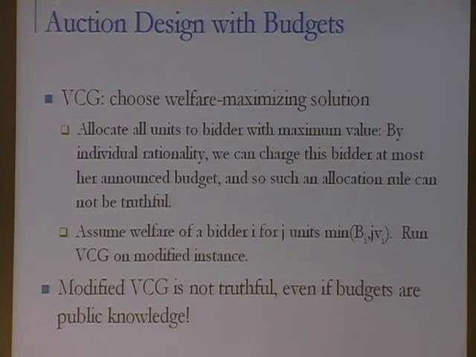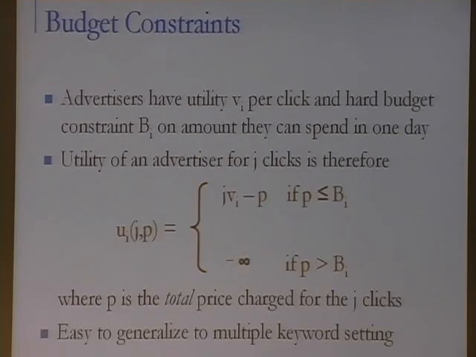This is not very surprising because VCG is truthful precisely when the utility functions are quasi-linear, which means that they're linear in this price parameter. And you'll notice that this utility function is not linear in this price parameter because when the price just exceeds b, the utility jumps to minus infinity.